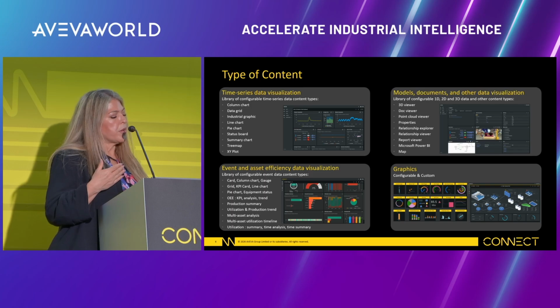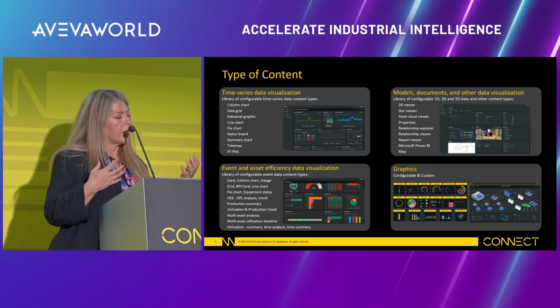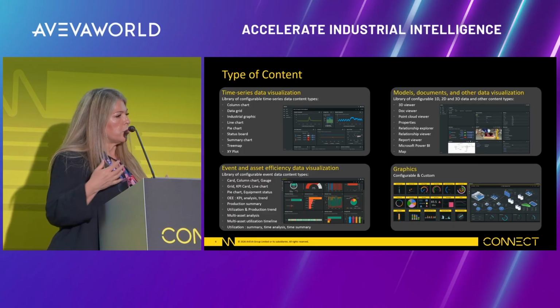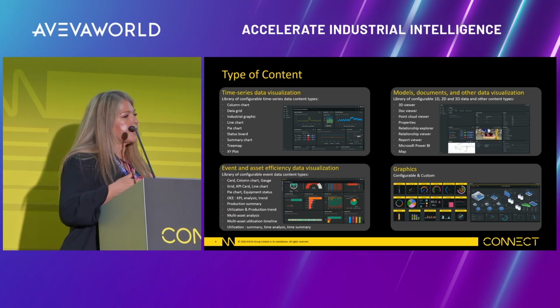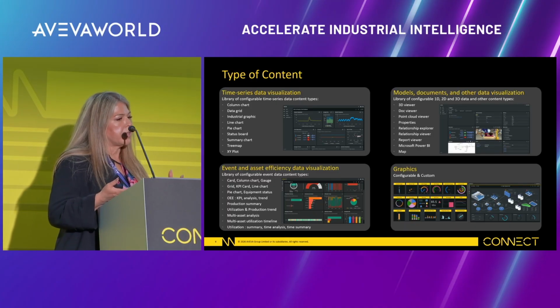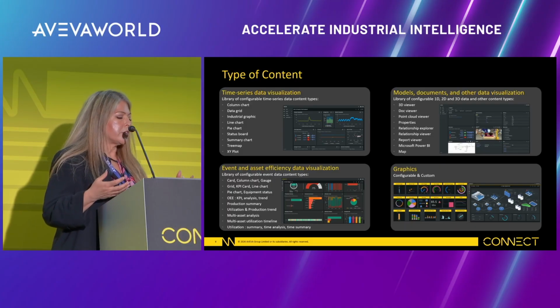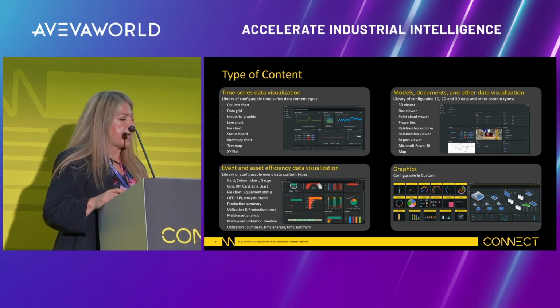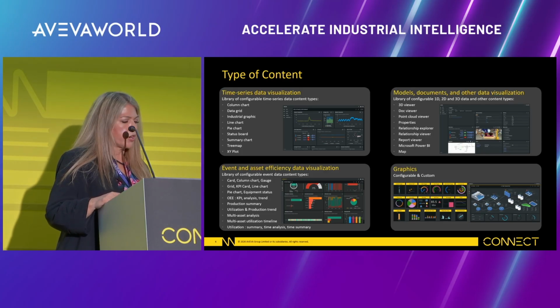Along with those time series widgets, we have industrial graphics that tie to that same real-time data, and can take the last value of that data collection and create some kind of dial or display it in different ways other than on a line chart.